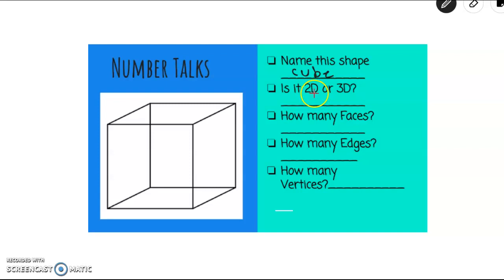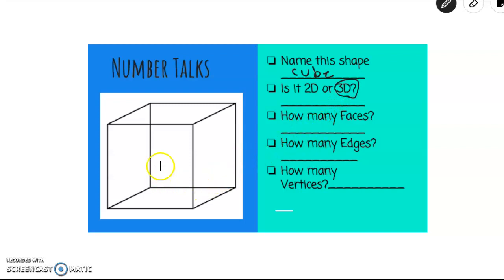Remember, 2D is flat, like a square or rectangle or hexagon. 3Ds are bigger, they're more square, like our cube, hint hint, or a chapter book, or an ice cube. Those are all 3D shapes. So our cube here is 3D because it's not flat like a regular square.